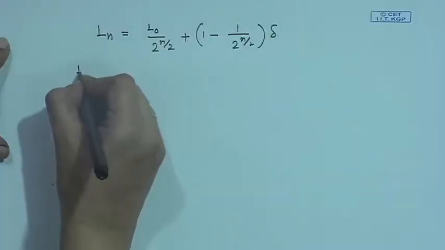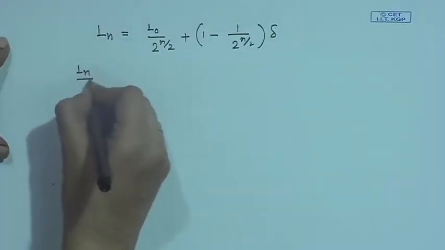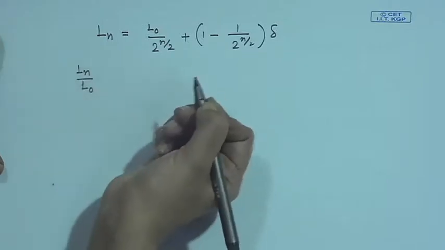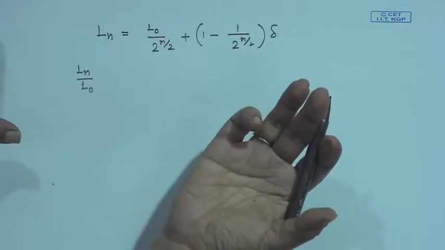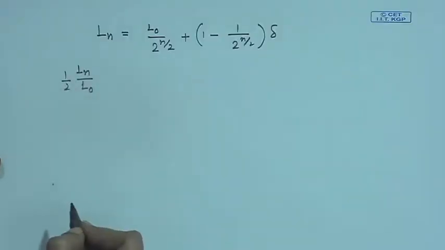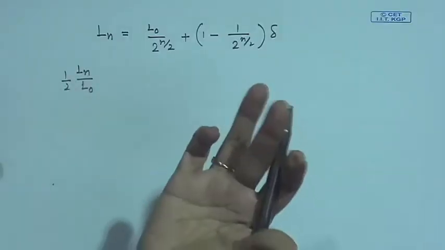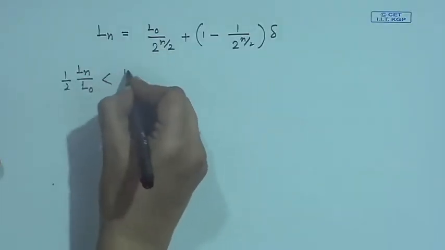That means the final interval of uncertainty divided by L0, because we are saying that L0 is the 100% for me initially. We want to get the accuracy over L0, and half of it, because this must be 10 by 100.